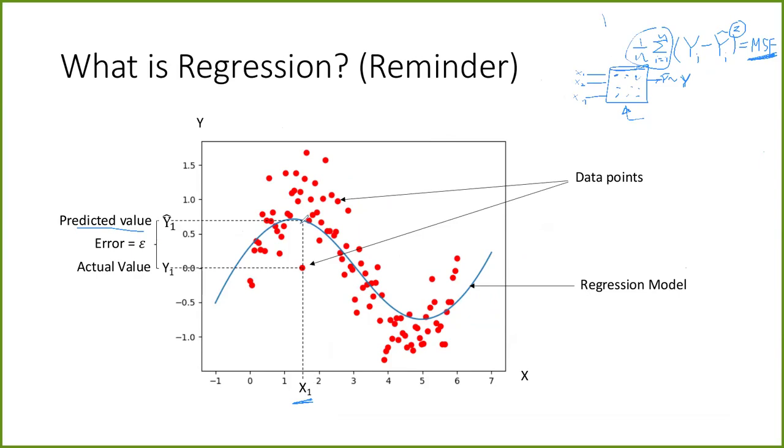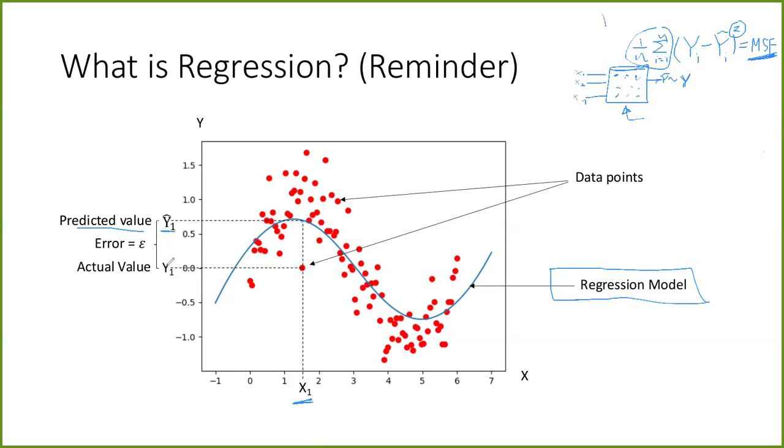So this is the value predicted by the model. This is known as the regression model, and its y values are the values predicted by the model. For this x1 value, the predicted value is y1 hat.